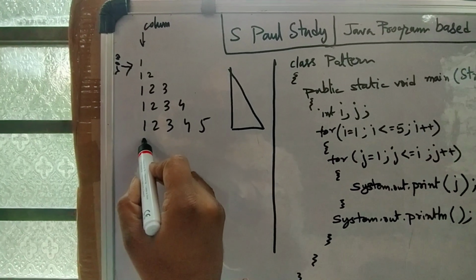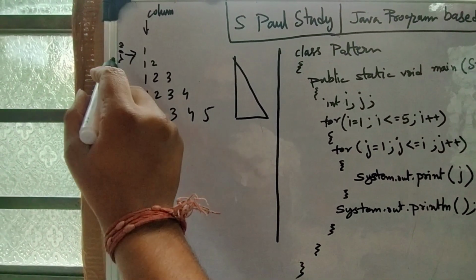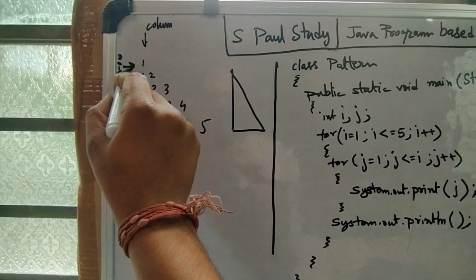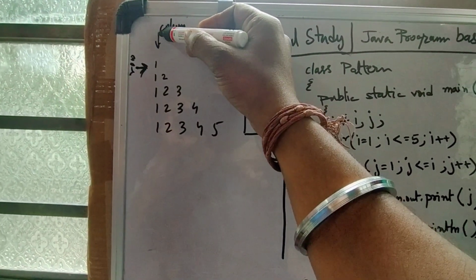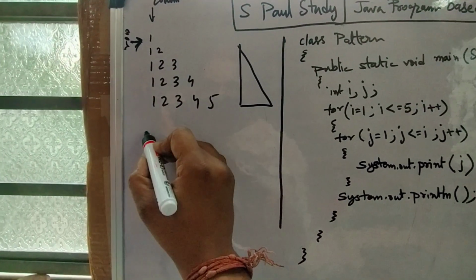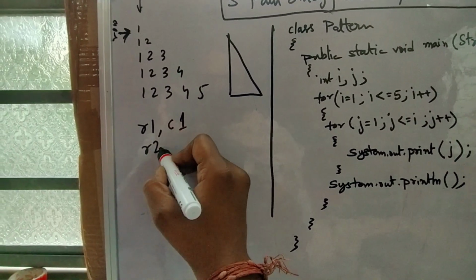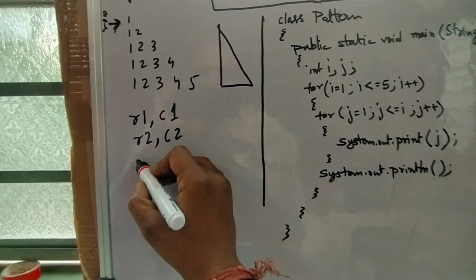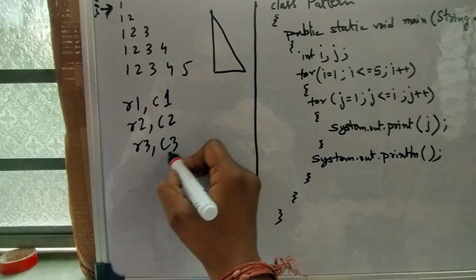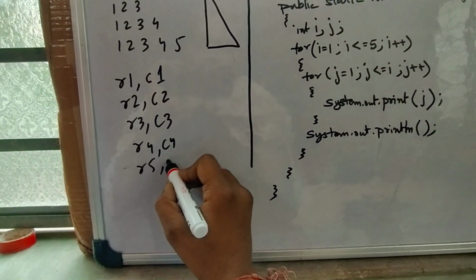We will see the place value of the columns: for row 1, column is 1; for row 2, column is 2; for row 3, column is 3; for row 4, column is 4; for row 5, column is 5.